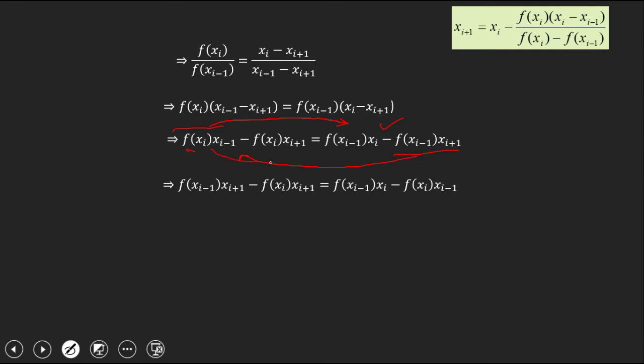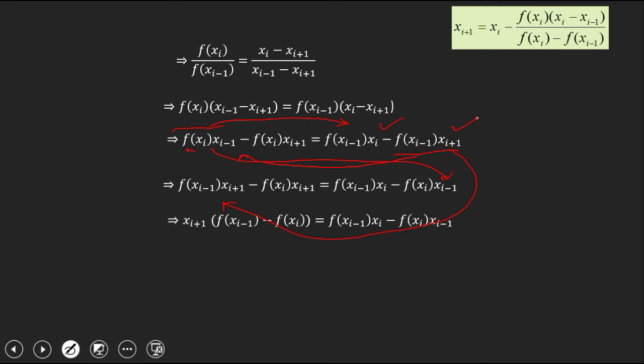So this term is here and this term is here. Why do we rearrange it? Because we are after xi plus 1, and the only way to find xi plus 1 is rearranging these terms and taking xi plus 1 common.